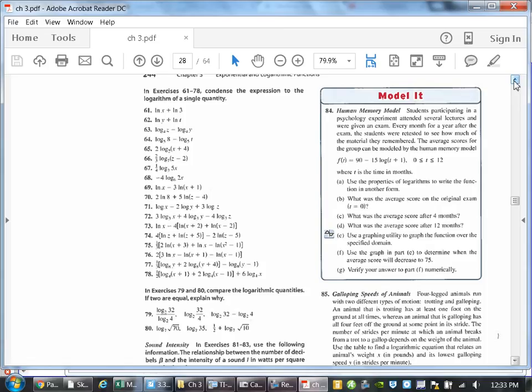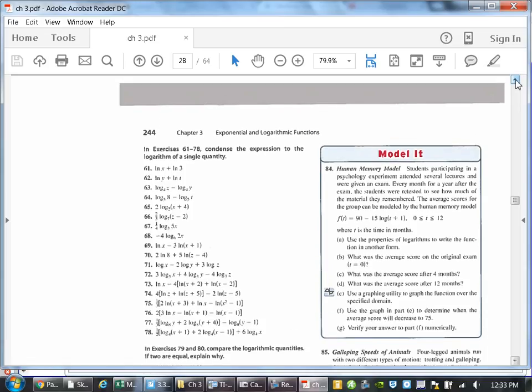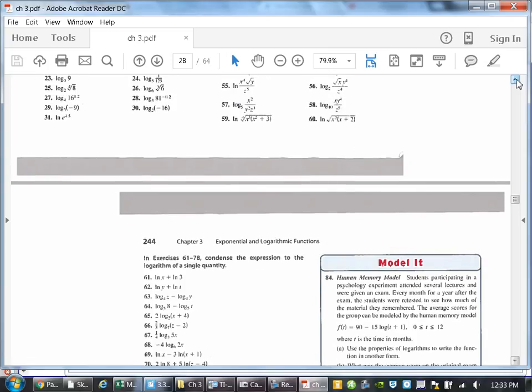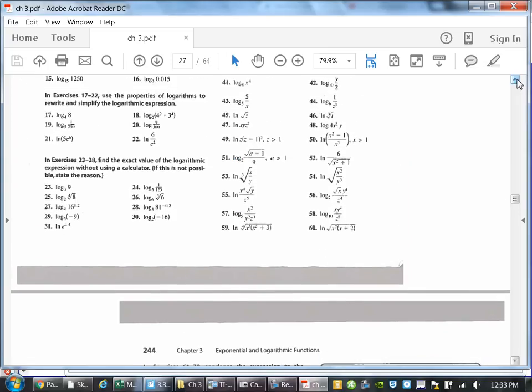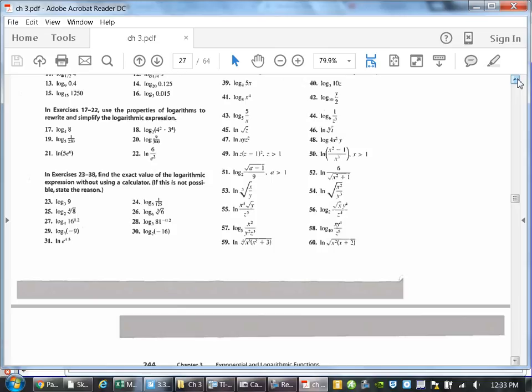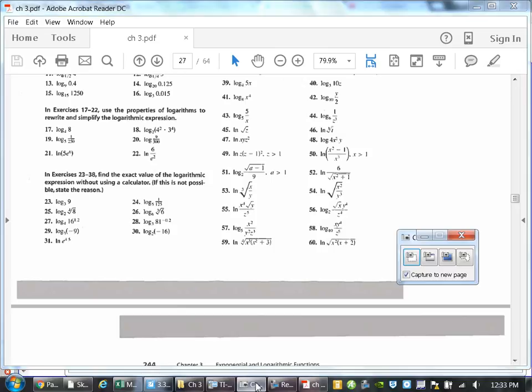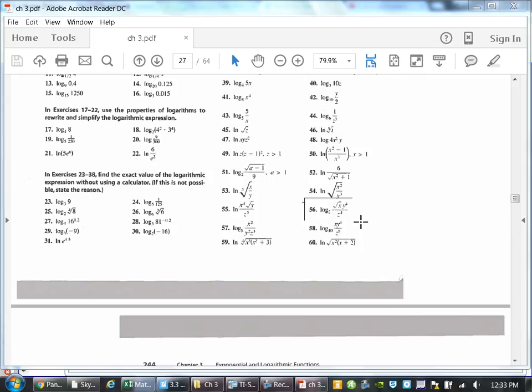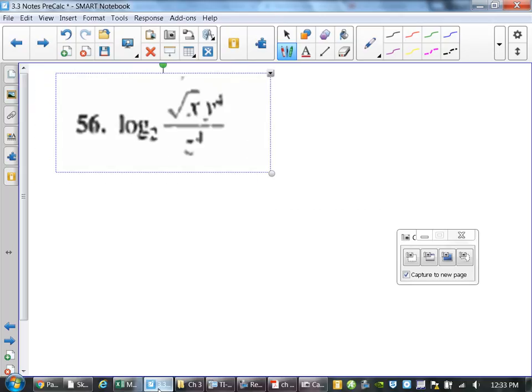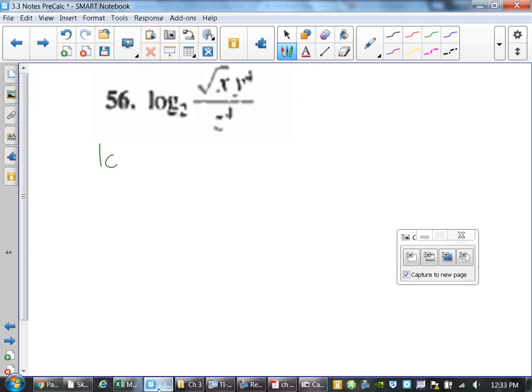One thing I would suggest, when you get into some of them that look kind of weird with all the different exponents and roots, let's see, number 56. I think it's log base 2. What happens here is, if you look at it, you have two things in the numerator, all being subtracted by one thing in the denominator.